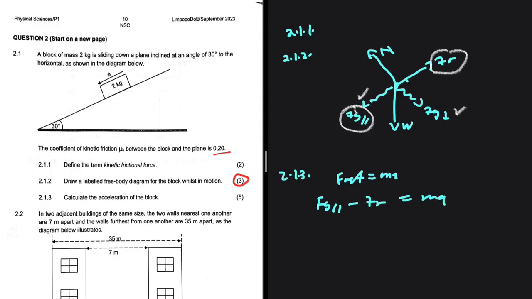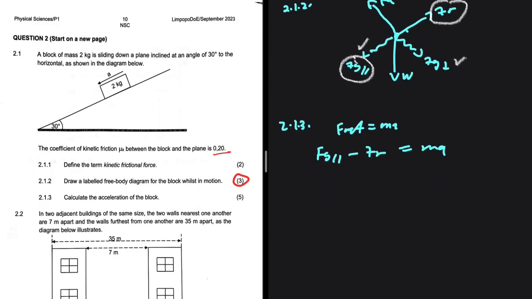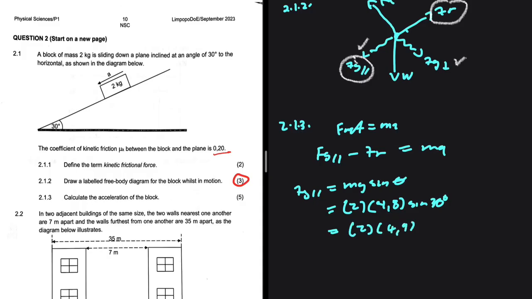Now we just need to find FG parallel. Let's do that separately. So FG parallel is equal to mg sine theta, where m is the mass, 2 kg, multiplied by 9.8, sine of 30 degrees. So what is FG parallel equal to? This is 2 multiplied by 4.9.